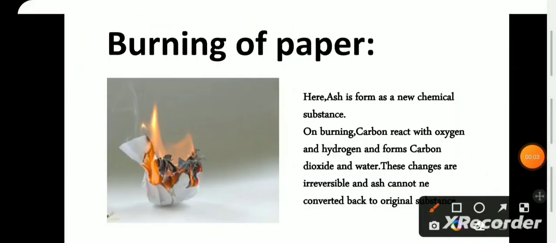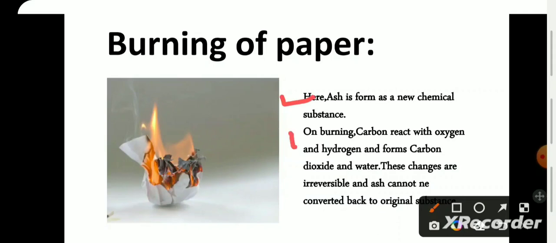Now we will study different examples of chemical change. So the first change is burning of paper. Whenever we burn paper, burning is also called a combustion reaction. Whenever we burn paper, it gets converted into ash. So ash is the new chemical substance which is formed after paper undergoes a chemical change.